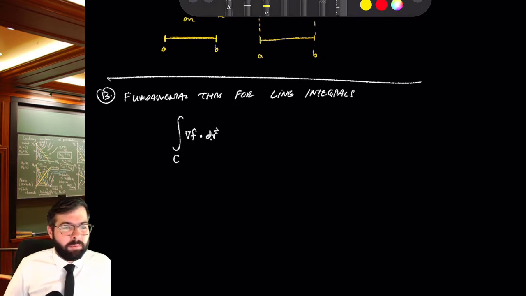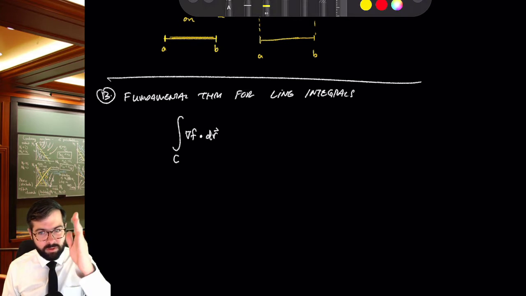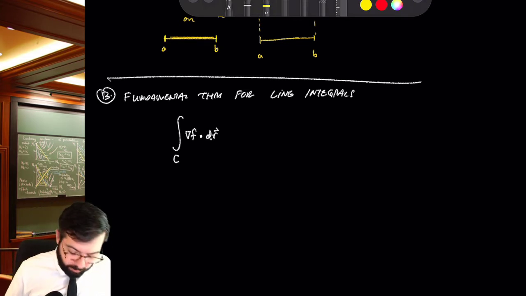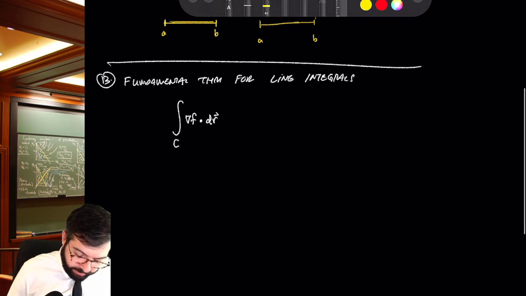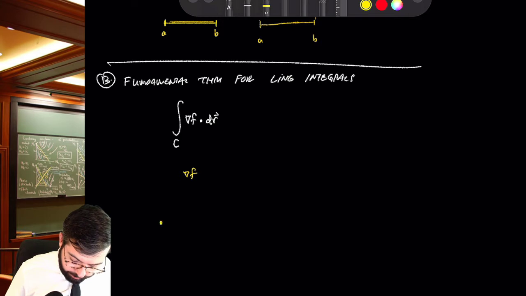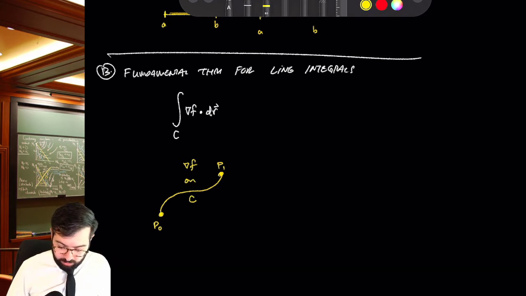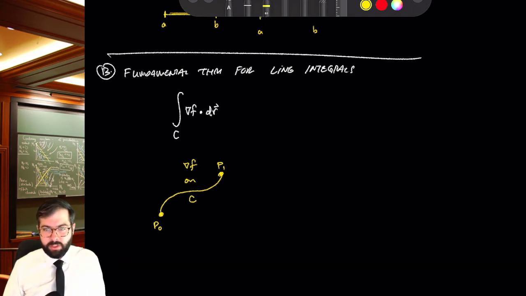Gradient's sort of like a multi-dimensional stand-in for the derivative. It's a vector with all the partials of f as its components. So in a way, it is a derivative of f. And this was along some curve C, where it started at P0, ended at P1. We're on some curve C here, and we integrate all the little bits of change, all the little bits of the derivative.